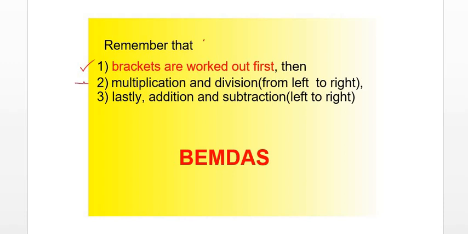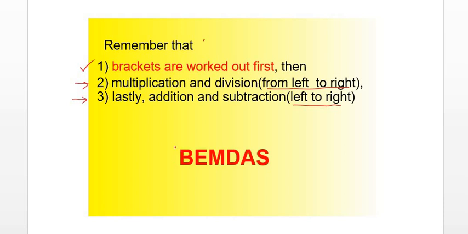Then, on the second step, if there is a multiplication or division problem in the question, we deal with multiplication and division after removing the brackets, and we always deal with it from left to right. And in the end, we solve the addition and the subtraction of the fractions, and again we go from left to right. Okay, how do we solve such questions?